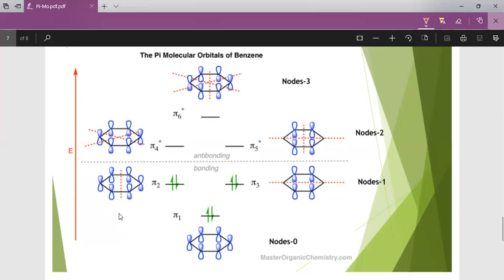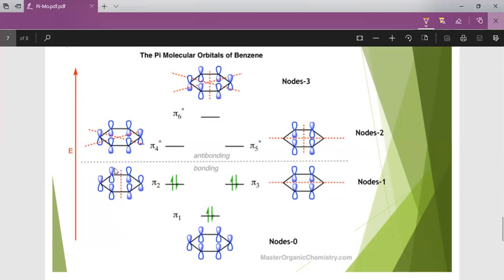That node is passing through the bond, cutting the bonds. So due to this, when we observe the orbitals, this is C1 and this is C2. These two orbitals are lined up in the same manner. So this one with positive and this one with positive, and again this one with negative and this one with negative. So these two are showing bonding interactions.